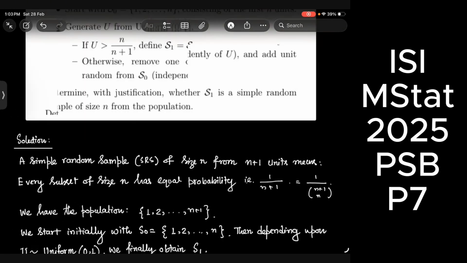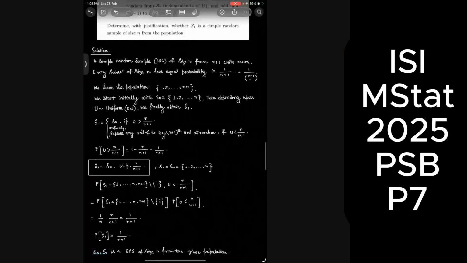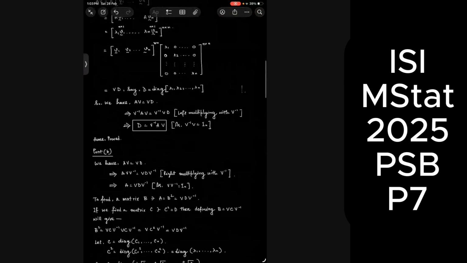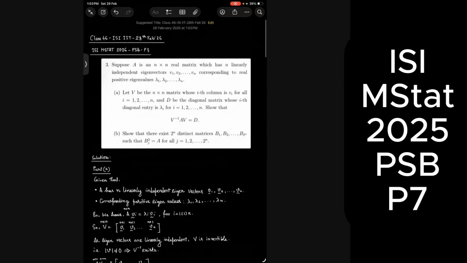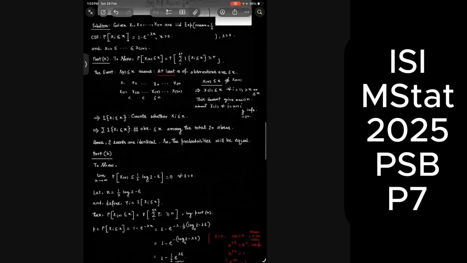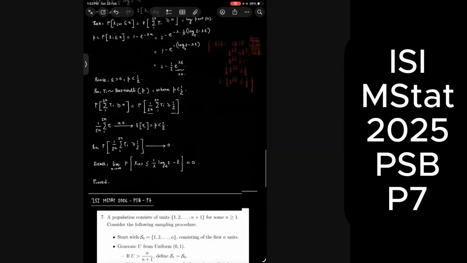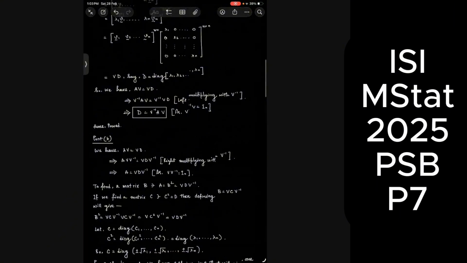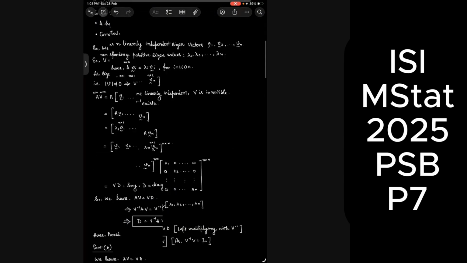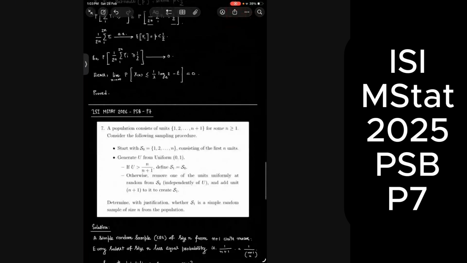So let's stop here today. We are left with two more questions. I thought I would be able to cover those two also, but they will take some more time. We are running out of time today. So we have done today 1, 3, 5, and 7.